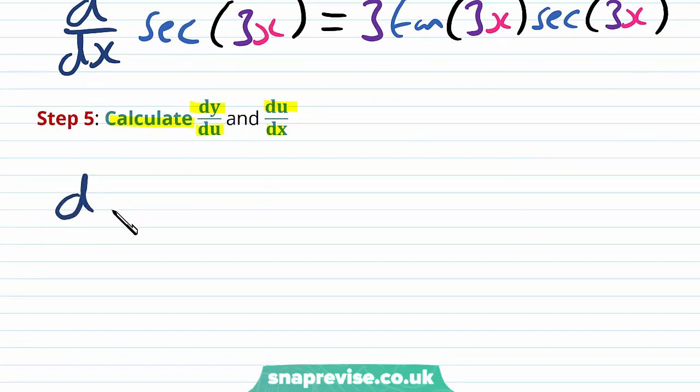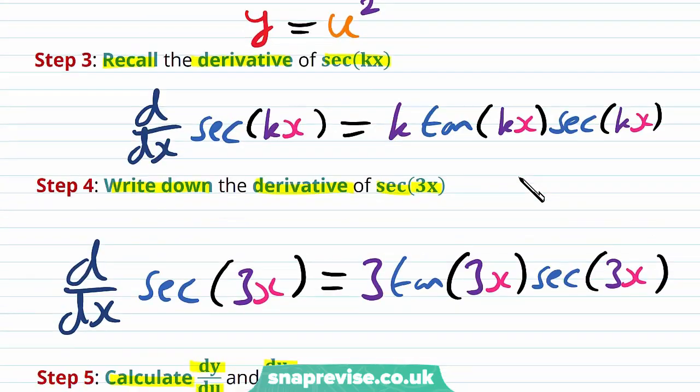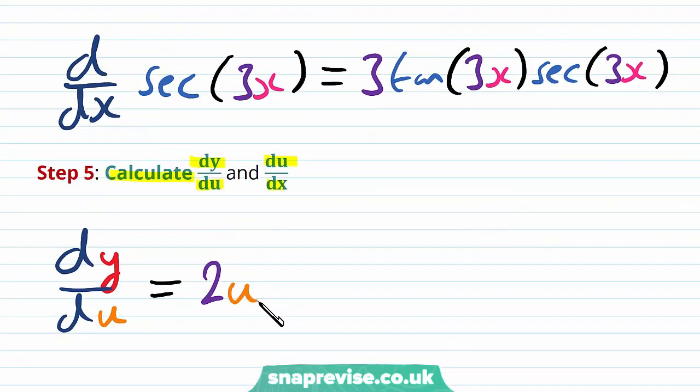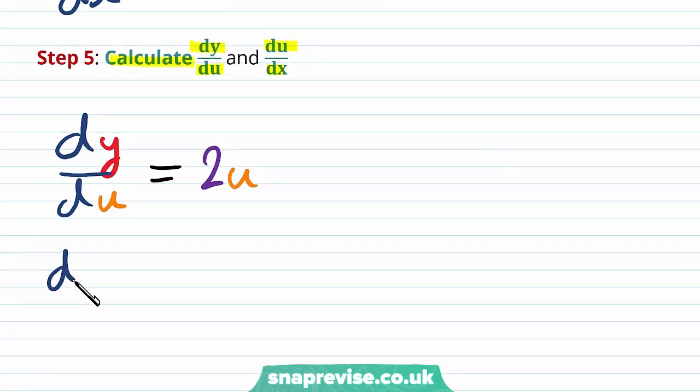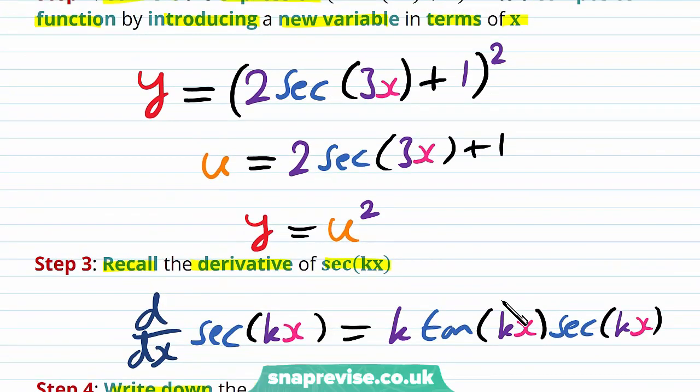We have our dy by du, and by looking at our y in terms of u squared, differentiating this gives us 2u. Similarly, our du by dx, by looking at the expression for u in terms of x, u is equal to 2 sec of 3x plus 1.